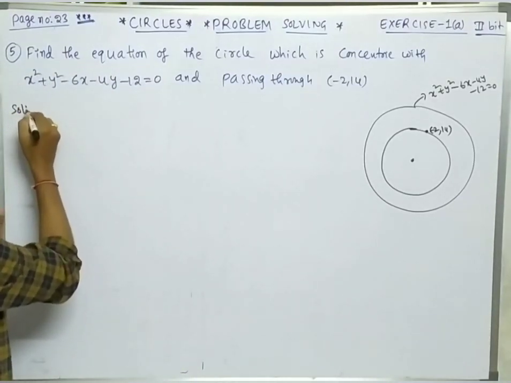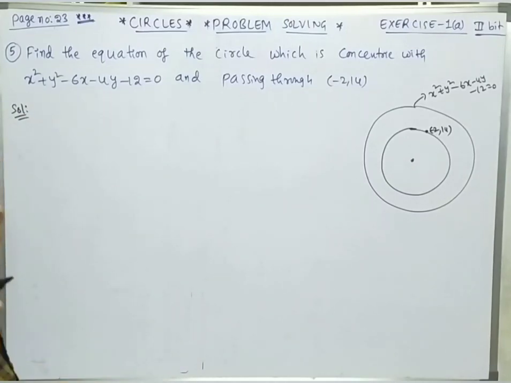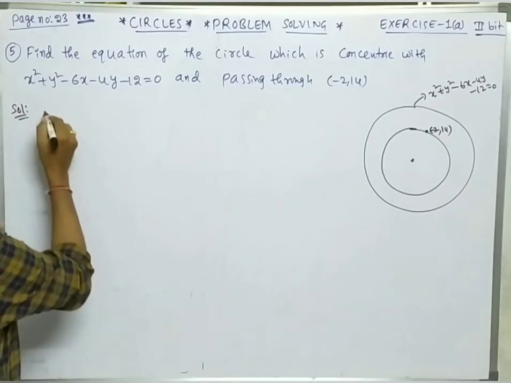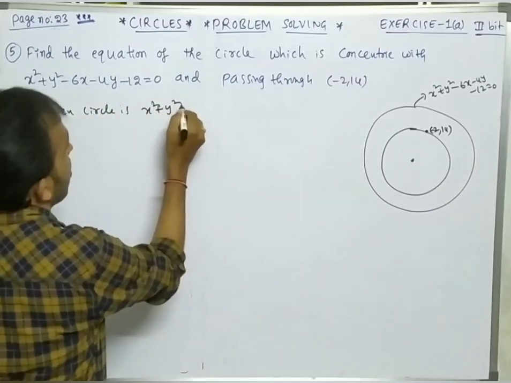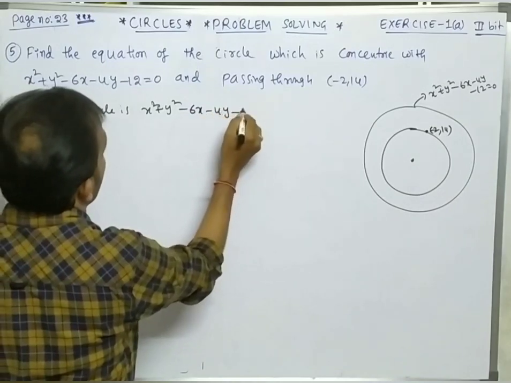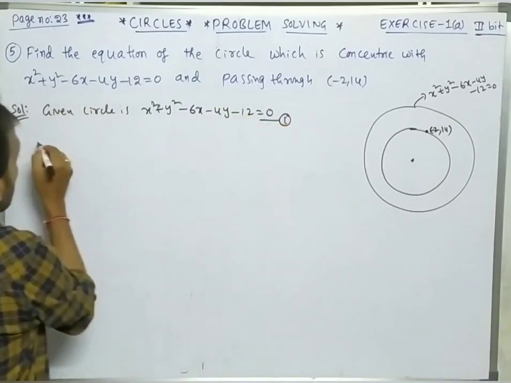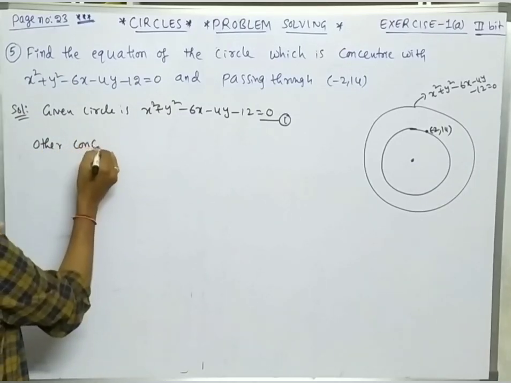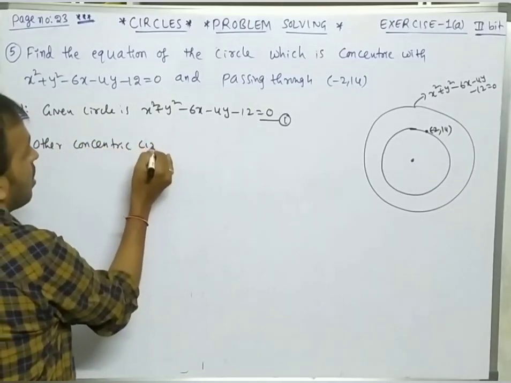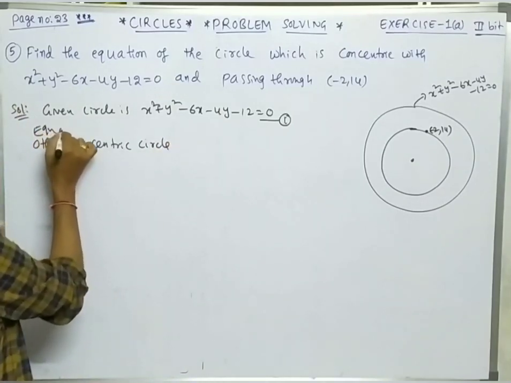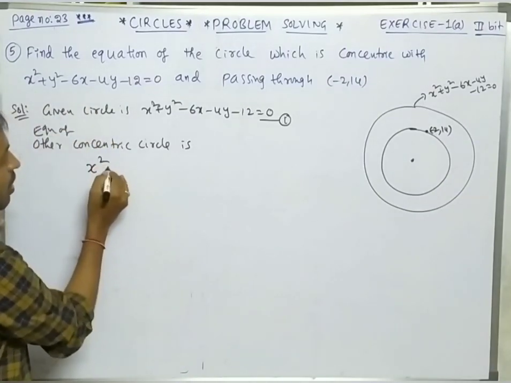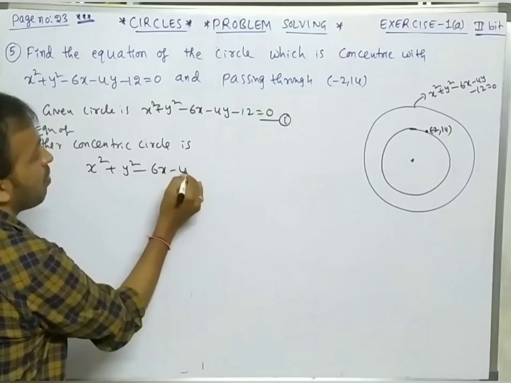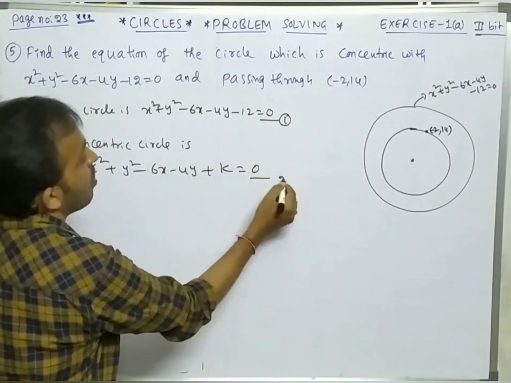So the first one is, two circles are concentric circles and they differ by a constant. The given circle is x square plus y square minus 6x minus 4y minus 12 is equal to 0, and the equation of the other concentric circle is x square plus y square minus 6x minus 4y plus k is equal to 0.